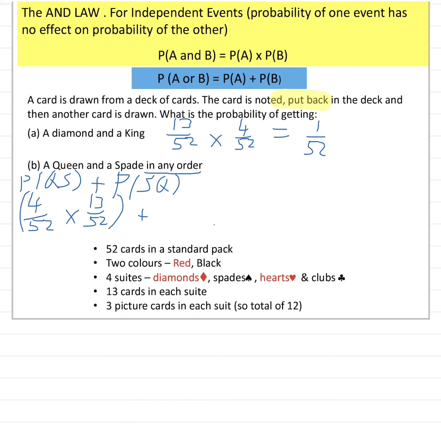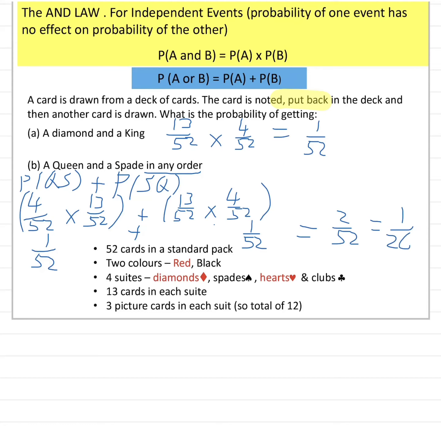Plus now, we have the probability of a spade again, which is 13 out of 52, multiplied by the probability of a queen, which is 4 out of 52. So this will get us 1 out of 52, plus then probability of 1 out of 52. Let's add those together. That will get us 2 out of 52, which simplifies then to 1 over 26.